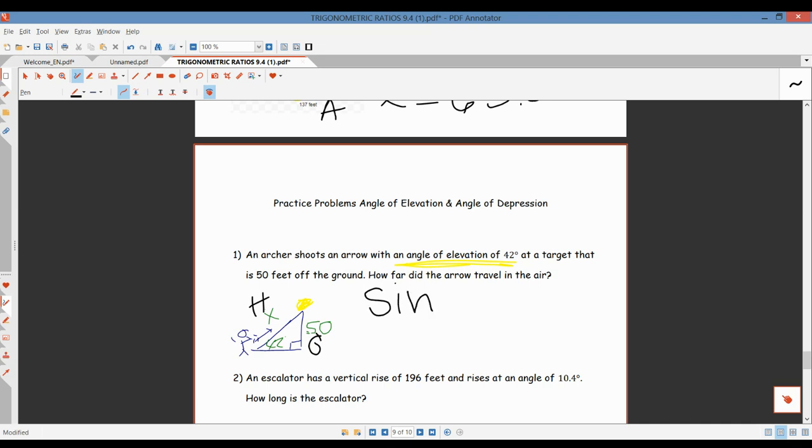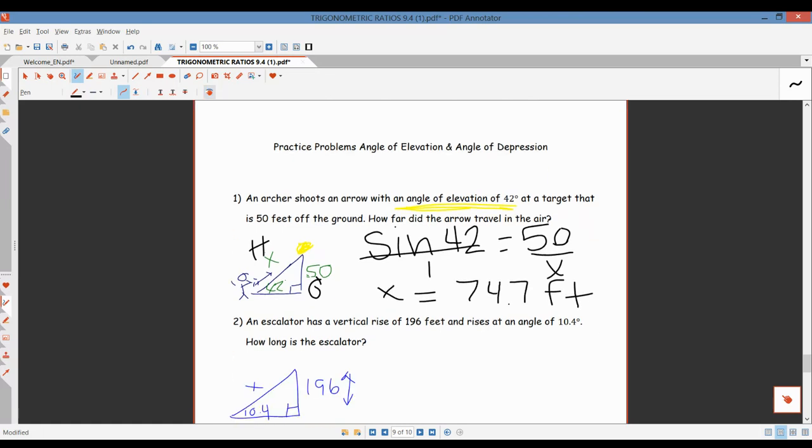So sine of 42 equals 50 over x. Again, create your proportion, cross multiply, and solve. Once we're done, x is approximately 74.7 feet.